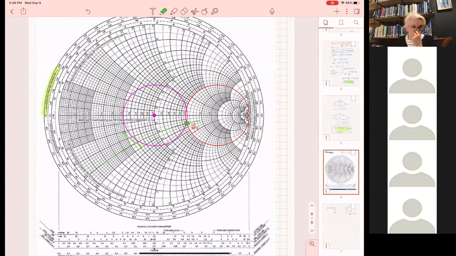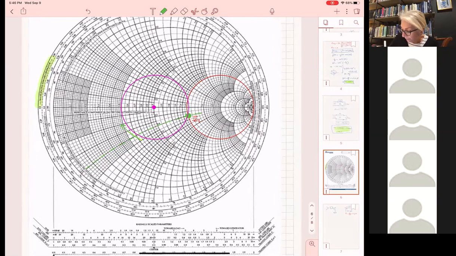Now, how long am I going to travel? I know that I have to put a stub. But if I put a stub, the only thing that I do is to change the real part, all right? And I would like to get here, so the only place where I can stop and place the stub is here. Because if at this point I stop and then I place a stub, the only thing that the stub will do for me is to change my reactive part.